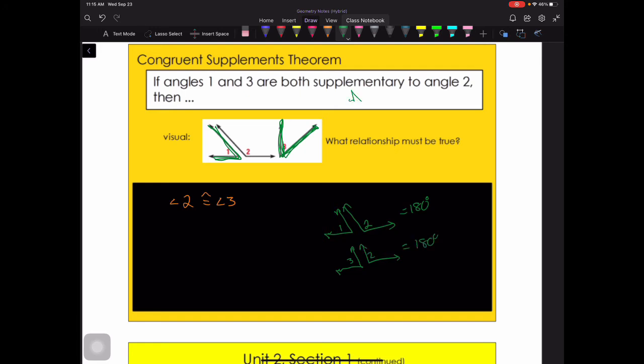That's what it's saying up here. That's what supplementary means. So what that means is that angle 1 and angle 3 have to be the same.